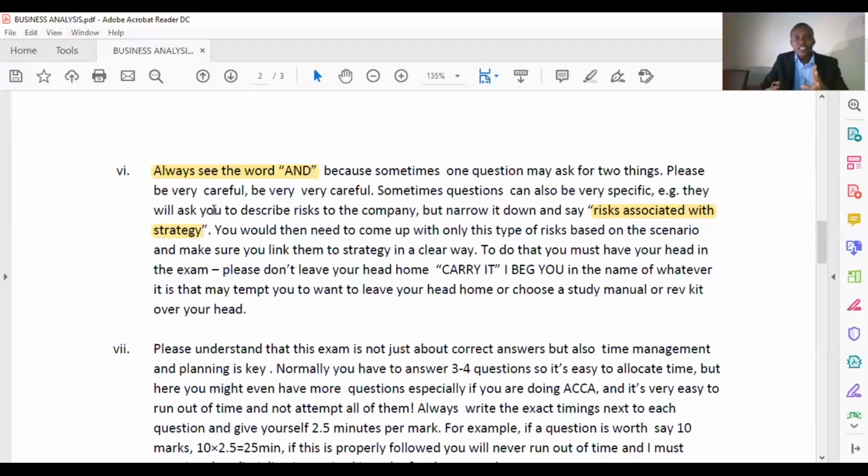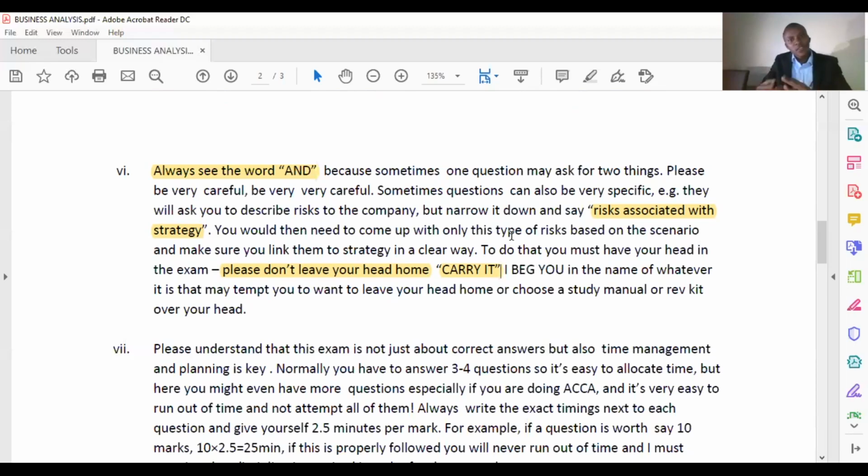What I mean by you must have your head in the exam, I mean that please don't leave your head at home. No matter how much you are tempted, please carry your head. I beg you in the name of whatever it is that may make you want to leave your head at home. Don't choose the manual or the revision kit over your head.